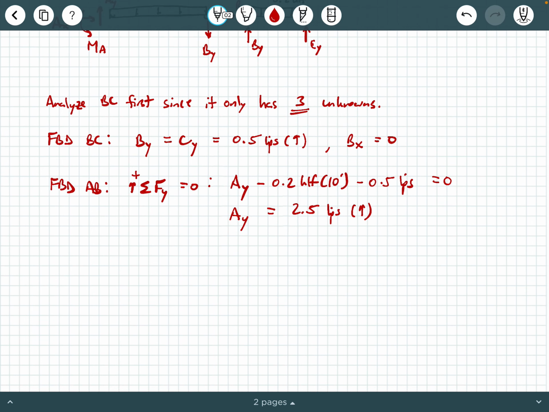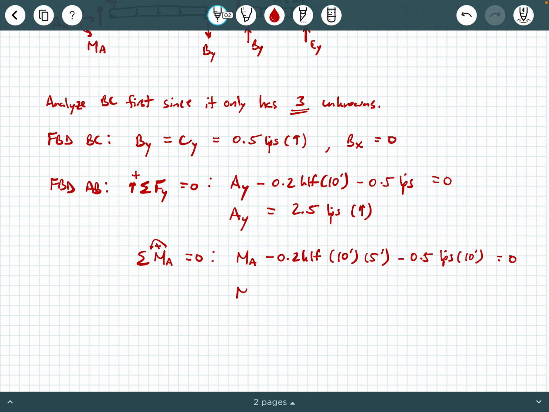Now looking at free body diagram AB, I can say sum of the moments about A equals 0, and I can say MA minus 0.2 KLF times 10 feet times 5 feet minus 0.5 kips times 10 feet equals 0.